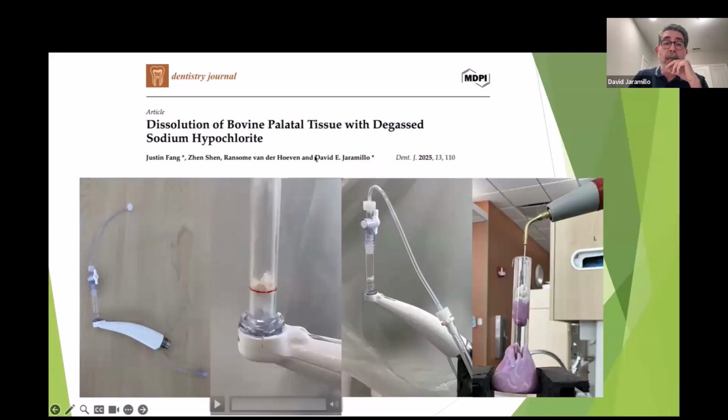Then with another one of our residents, Dr. Fang, we did this dissolution of bovine palatal tissue with the degassed sodium hypochlorite, and we compared it to ultrasonic. We created this apparatus which has a micro mesh here. This is the bovine tissue, 70 milligrams of bovine tissue.